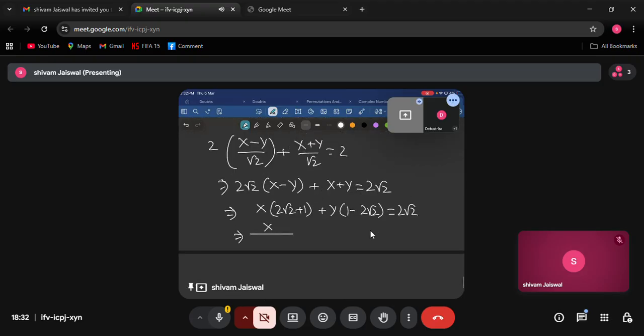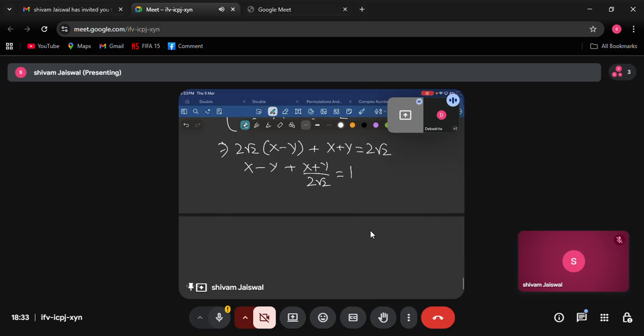So I'm doing it correctly. So dividing by 2 root 2, we will get (X minus Y plus X plus Y) by 2 root 2 is equal to 1. I think over here there is a mistake.